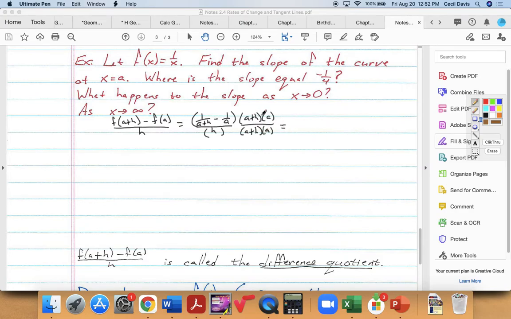When we do that and distribute, the a plus h and the a multiplied by 1 over a plus h leaves you with just a, because the a plus h's divide out to 1. Then when we multiply those by 1 over a, the a's divide out to 1, and we're left with a plus h over h times a plus h times a.